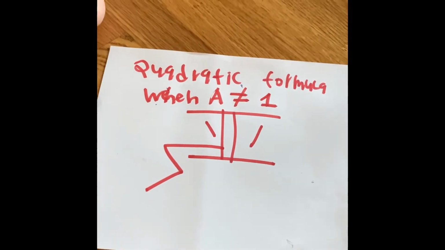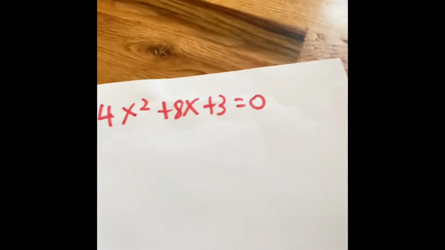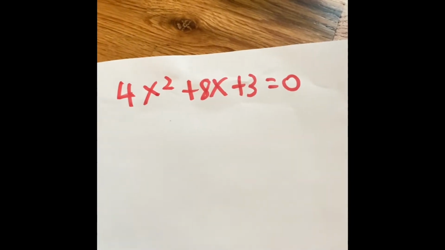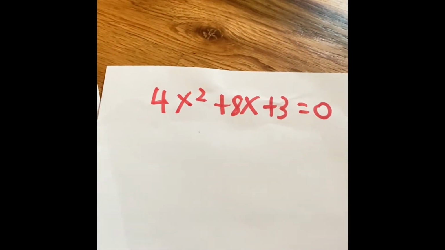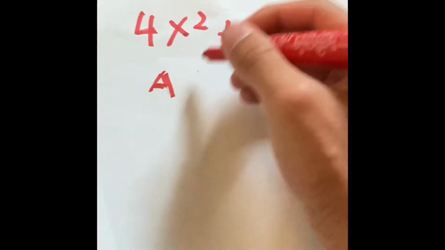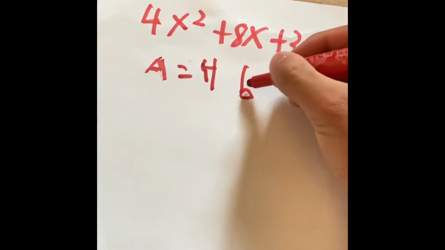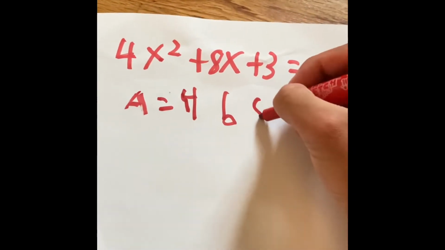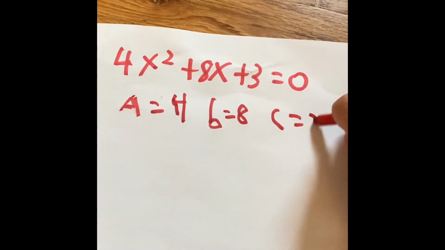We are going to be solving the quadratic formula when our a value is not equal to 1. So, here is the one that we're going to be solving today. 4x squared plus 8x plus 3 equals 0, where our a value is going to be 4, our b value is going to be 8, and our c value is going to equal 3.